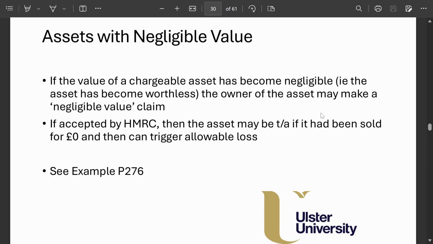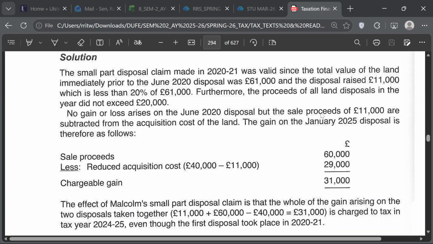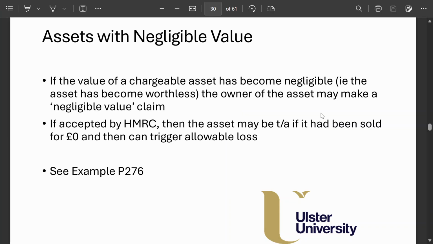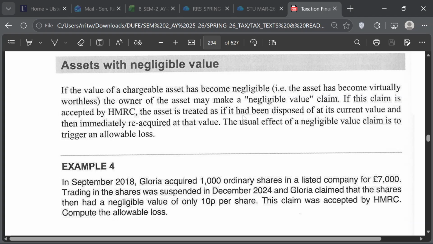And what is the thing we're looking for? Assets with negligible value. Now the information given here is strictly speaking not correct. It's not assumed that it's sold at 0. Basically, if you have an asset with a negligible value, you can make a negligible value claim.